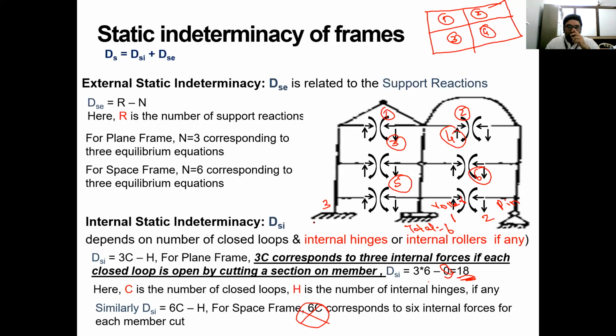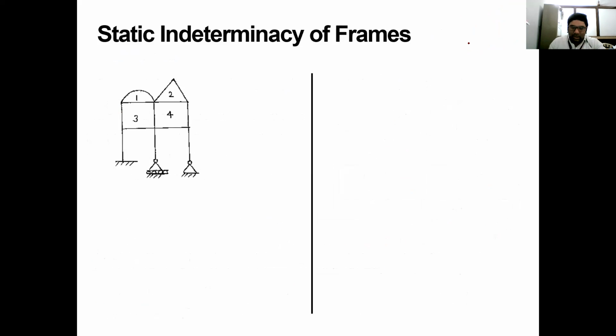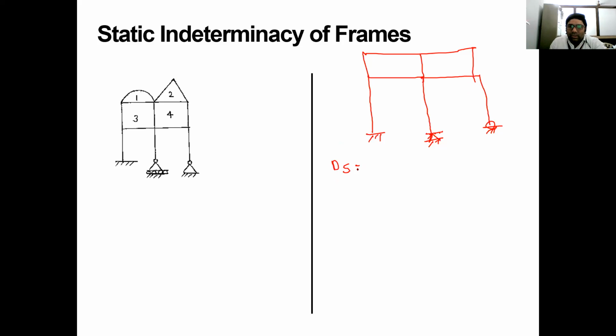Okay, I'll repeat it again. I'll just try to explain it here with a simple example. All of you can see on the screen. So this is the frame. This is again a pinned support. This is a roller support. And a box. Now, degree of static indeterminacy is equal to degree of external indeterminacy plus degree of internal static indeterminacy.